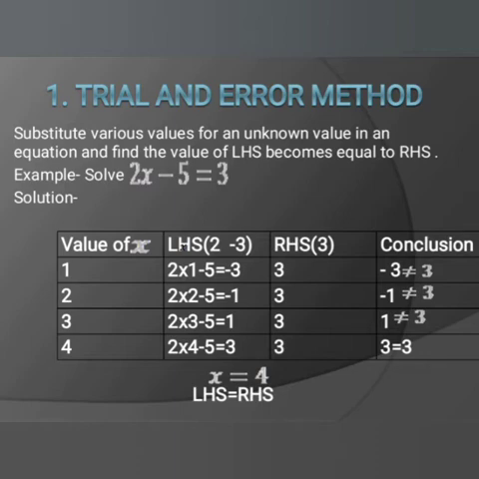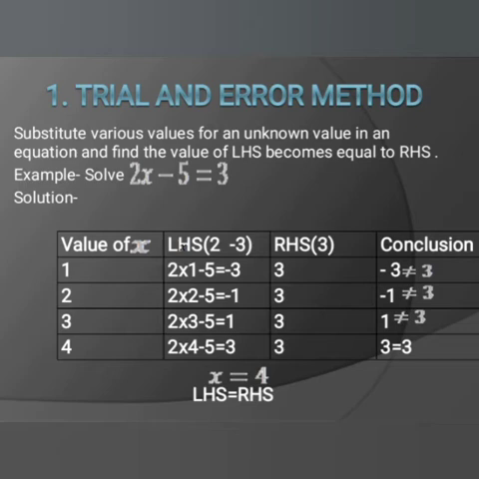And on the right hand side 3 is given, that is minus 3 is not equal to 3. So next we will write 2 in place of x. 2 multiply 2 minus 5 is equal to minus 1. And on the right hand side it is given 3. As you know, minus 1 is not equal to 3.